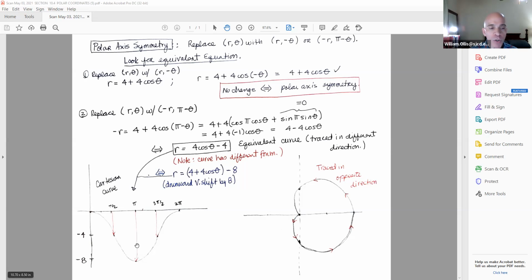And so when you draw it, you see that it's shifted from the one that we had in class. But notice, because all these are negatives, we're all shooting through the origin because all these values are negative. So we were not up here when we start, we're down here. And so we actually traverse the exact same curve, but in the opposite direction.